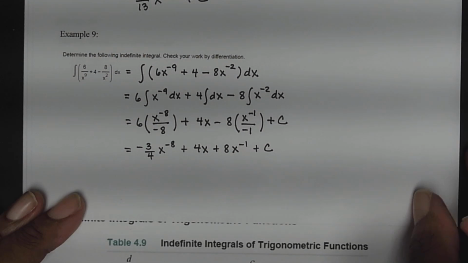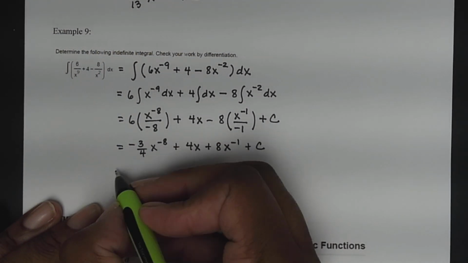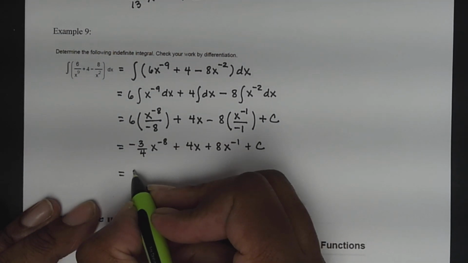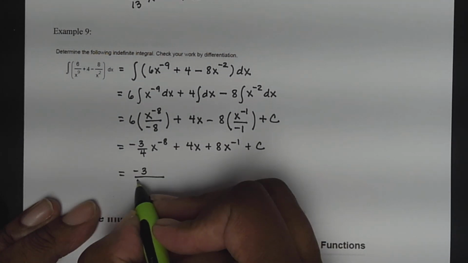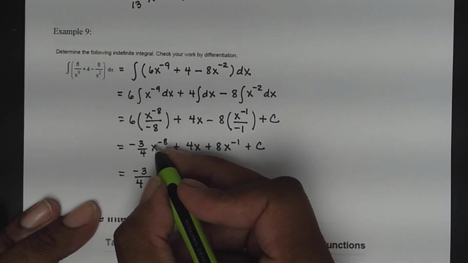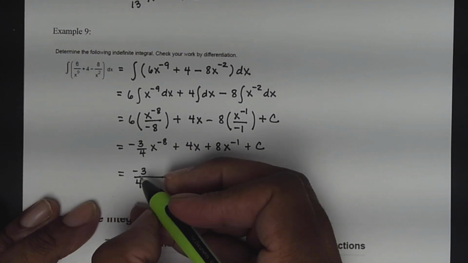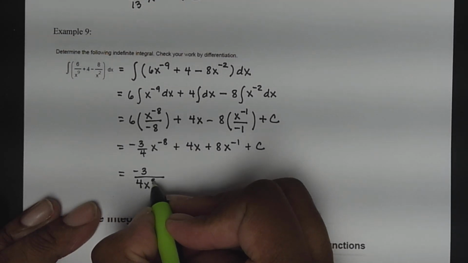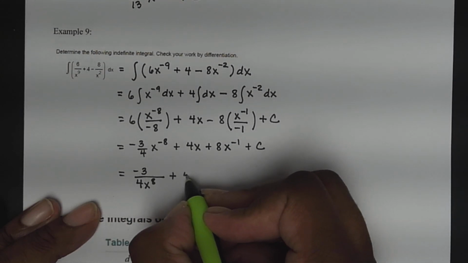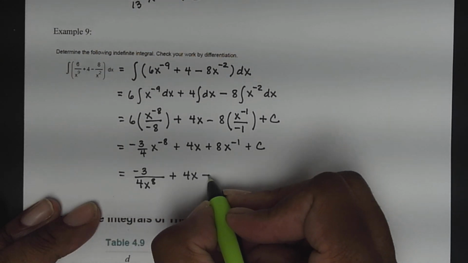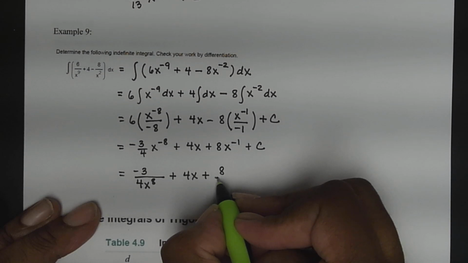Now, if I rewrote this using positive exponents this time, I'll have the negative 3 in the numerator. The 4 stays in the denominator, but if I put that x to the negative 8 in the denominator, it will be x to the positive 8. Then plus 4x, and then plus 8 stays in the numerator.